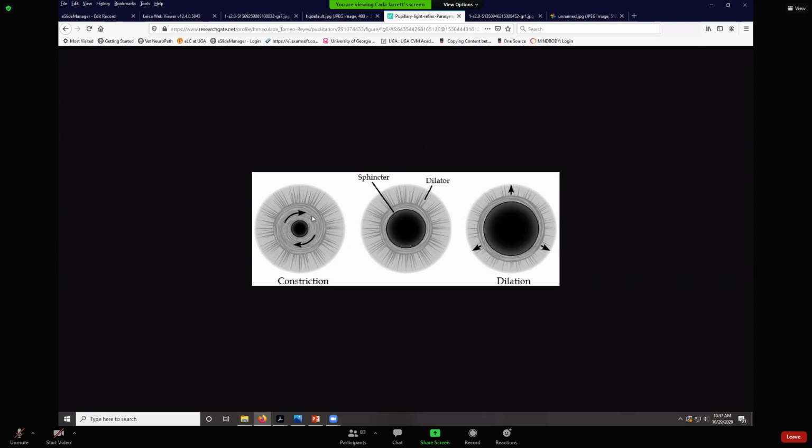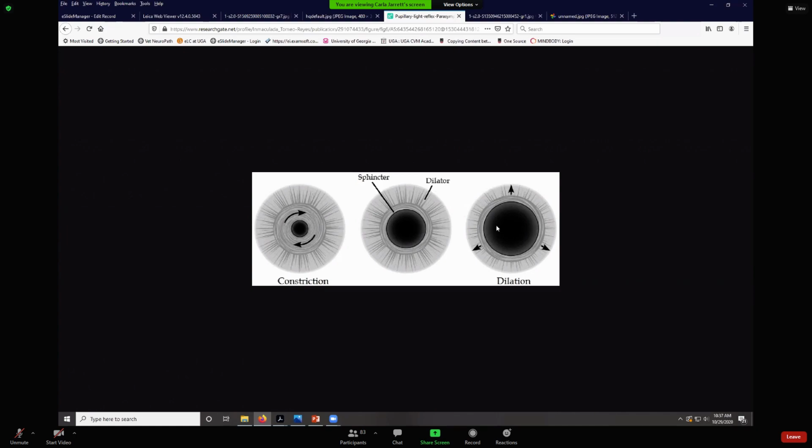Now you see how when the sphincter pupillary muscles contract, they decrease the diameter of the pupil. So here we have fully dilated. The sphincter muscle is fully relaxed and the dilator muscle is fully contracted. So this is average pupil diameter.